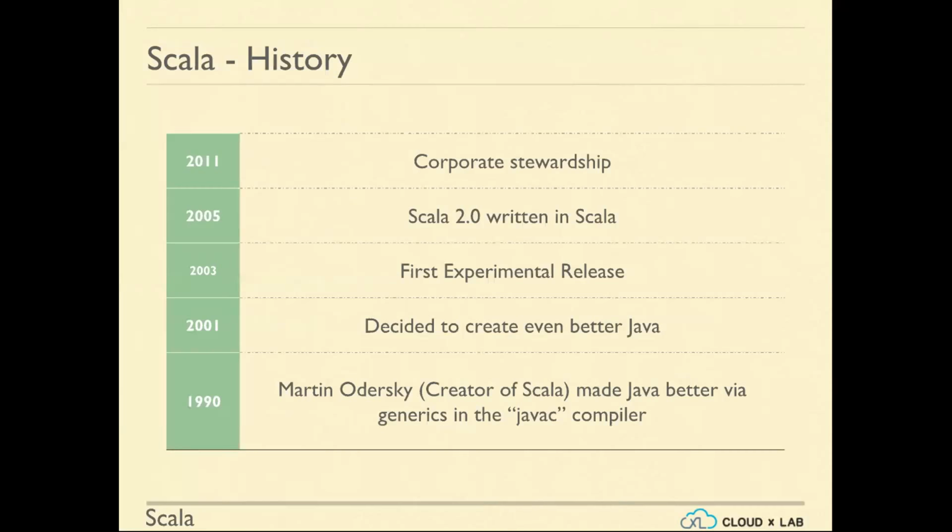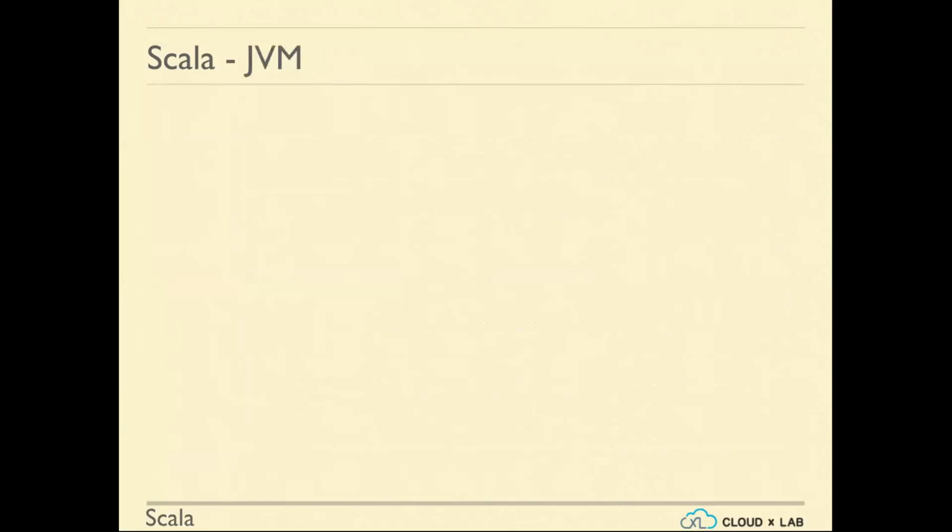So he decided to create a better Java. In 2003, he did an experimental release. In 2005, he rewrote Scala in Scala itself, and in 2011, it got corporate stewardship, meaning the language got accepted in the enterprise world. So this is the history of Scala.